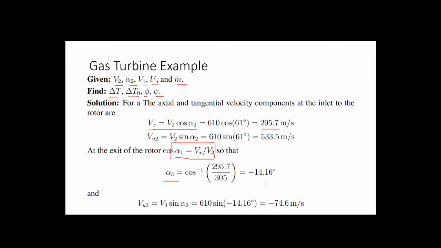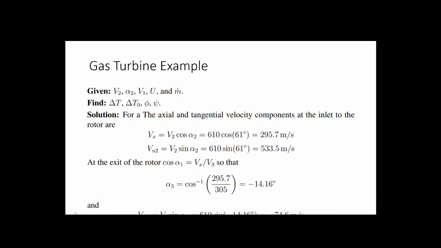So we will get alpha 3 equal to minus 14.16 degrees, and Vu3 is equal to V3 sine alpha 3. We plug in all the values that we know and we get Vu3 equal to minus 74.6 meters per second.